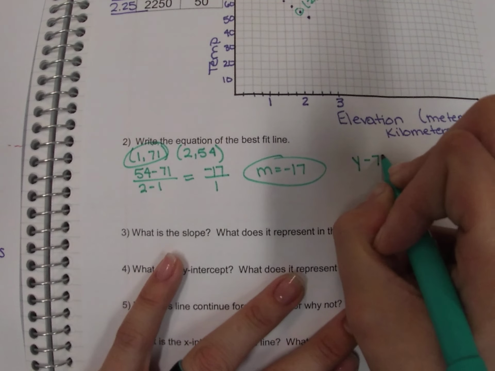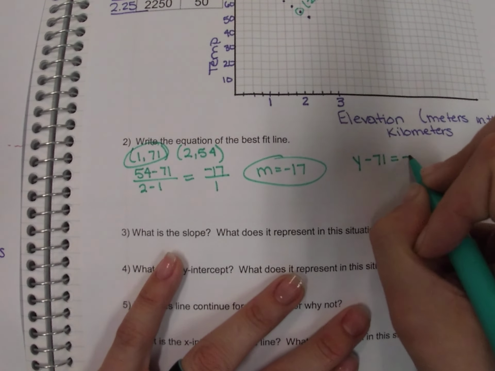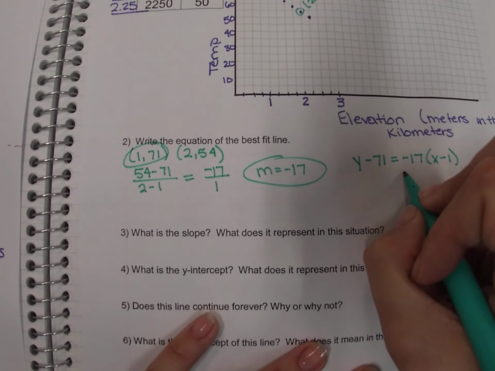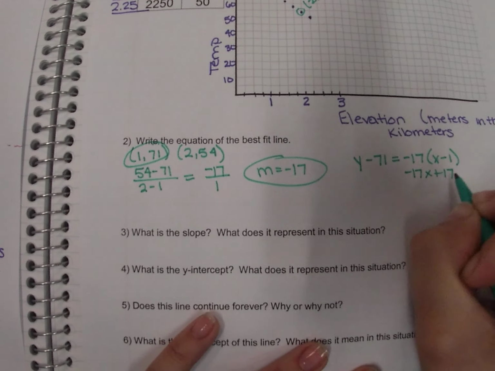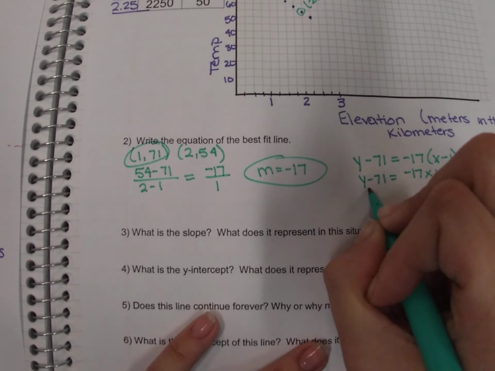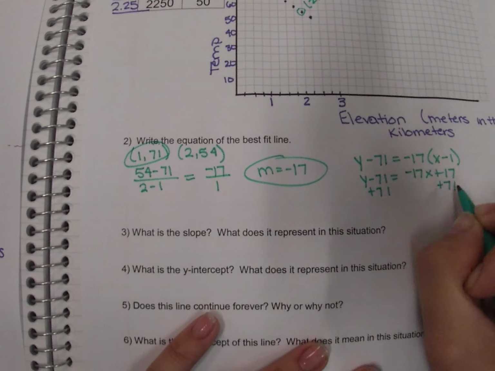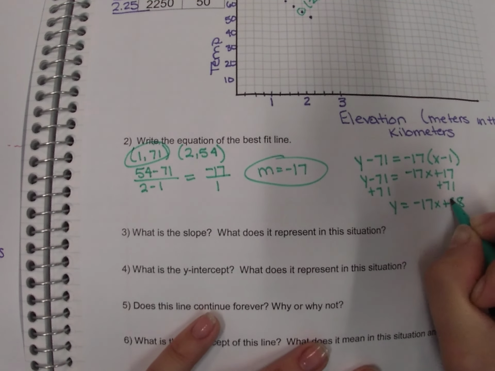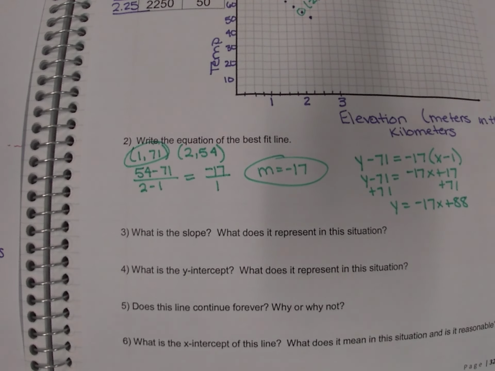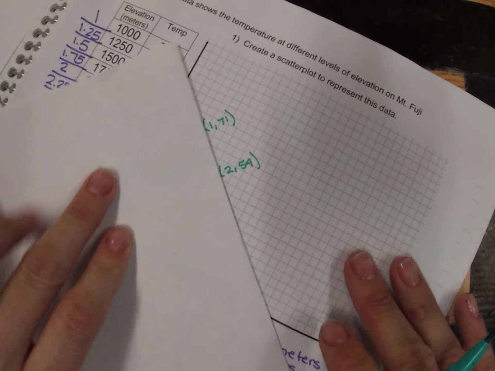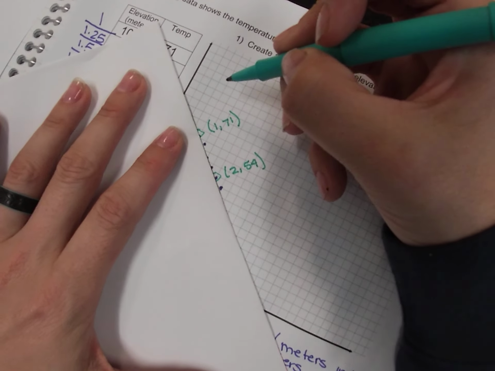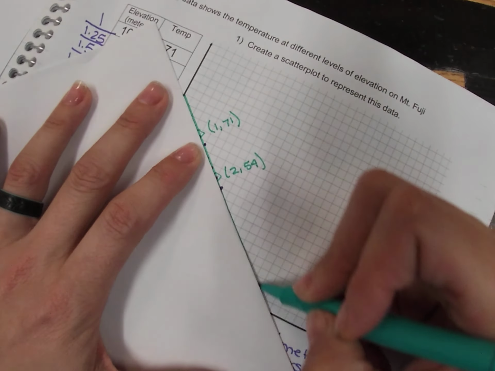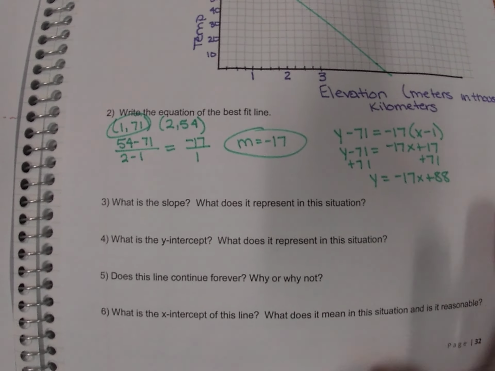So y minus 71 equals negative 17 times x minus 1. I'm going to solve that for y. And I'll get y equals negative 17x plus 88. So I'm saying that's my best representation, right? Here's the line I'm going to draw in here. I mean, this is really close to going through all of these points.